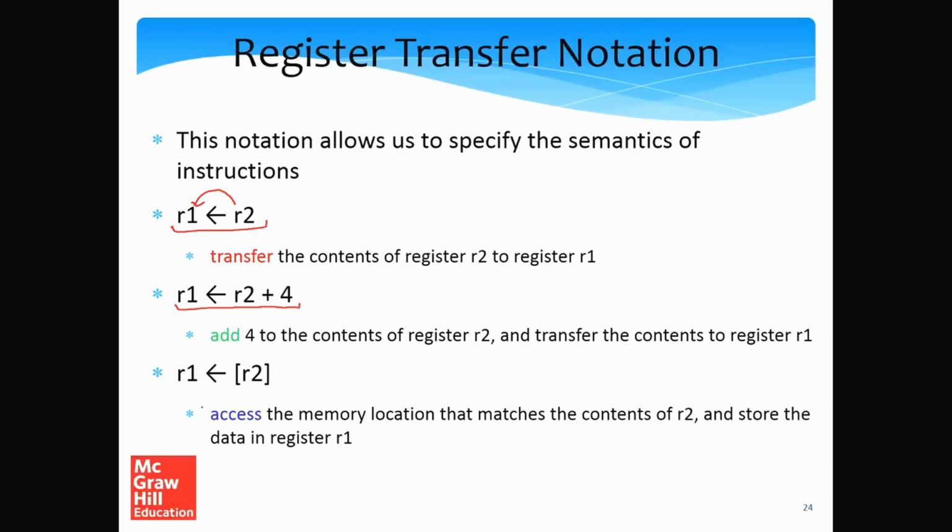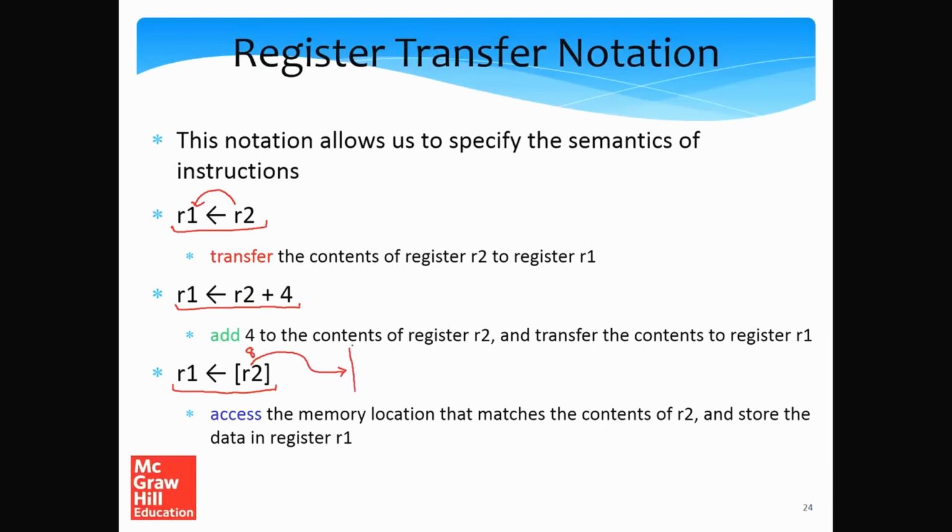The last expression is slightly different. What this says is that we first access the contents of register R2, and assume that the contents of register R2 are, let's say, 8.